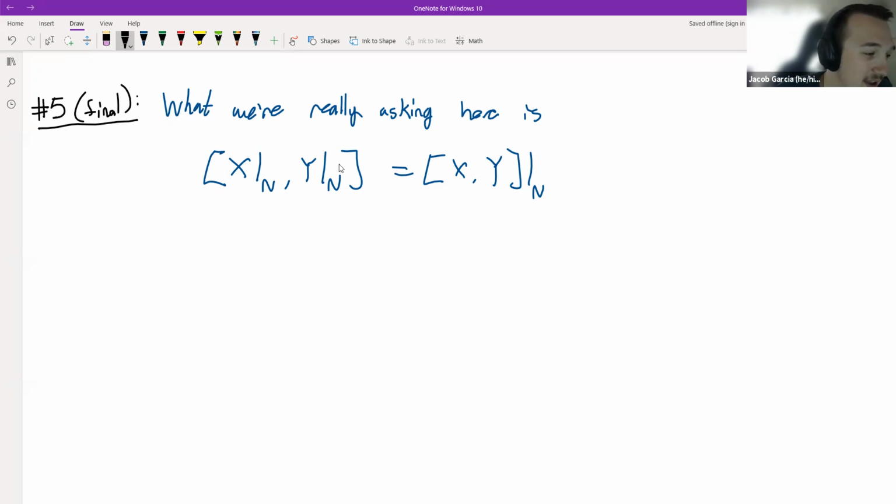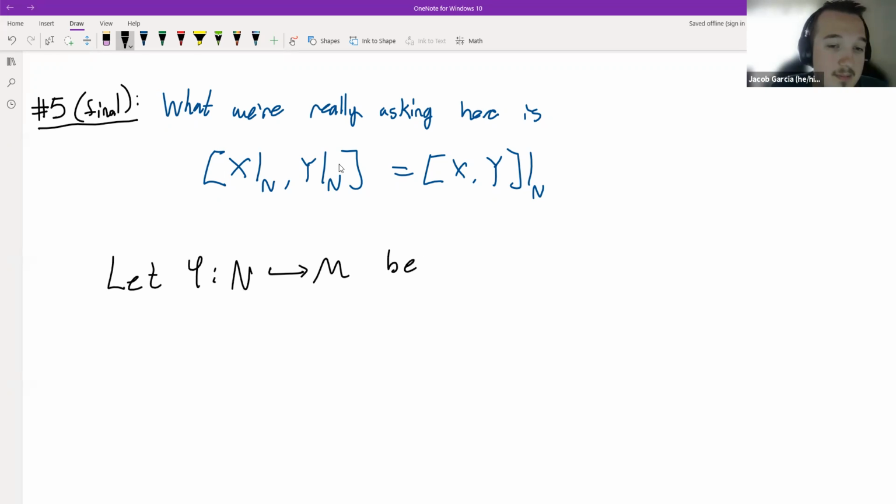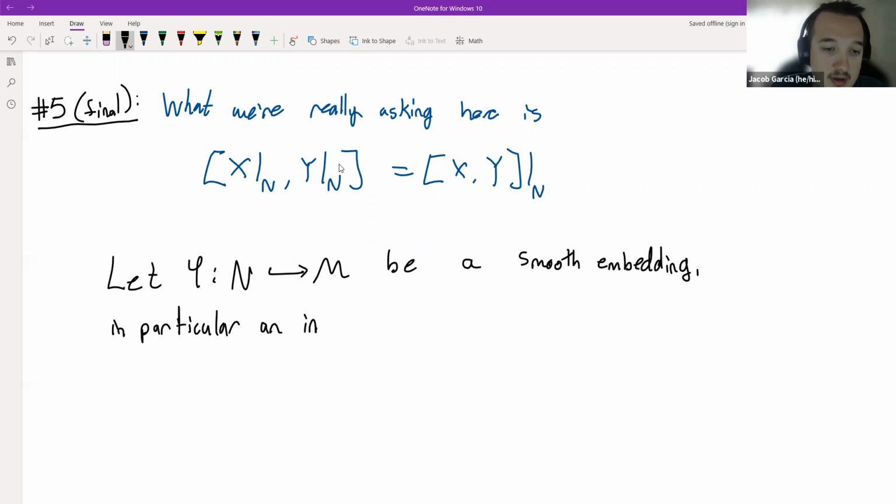So, since N is an embedded submanifold of M, let's give it an embedding. Let phi from N to M be a smooth embedding. In particular, it's an immersion.